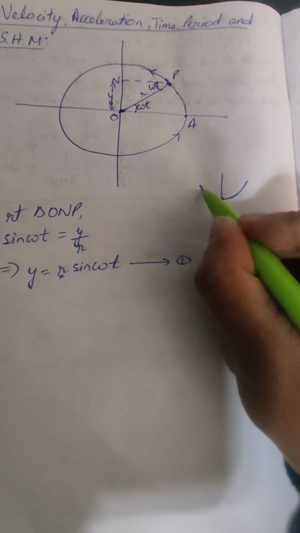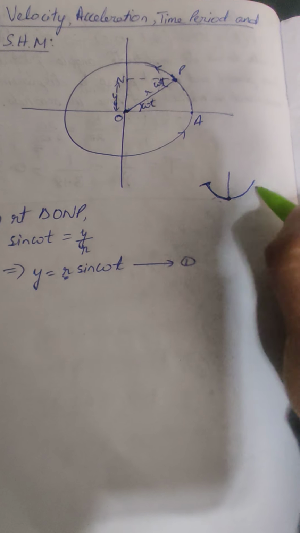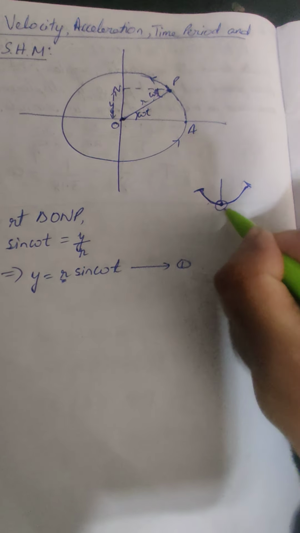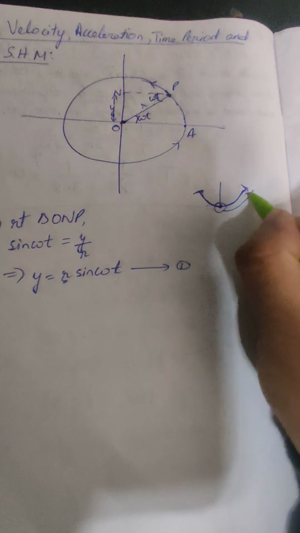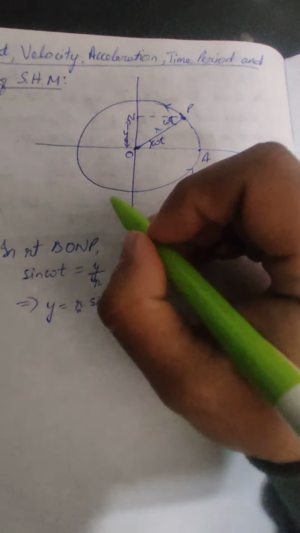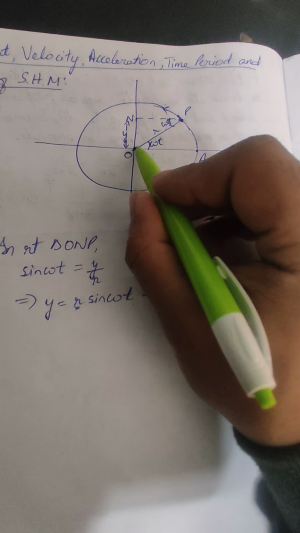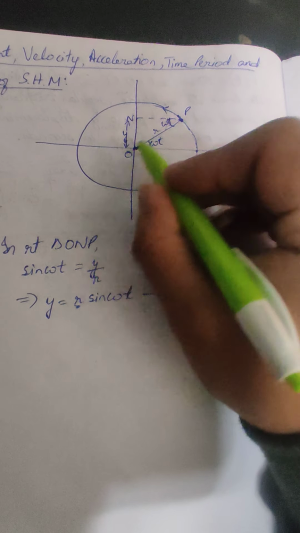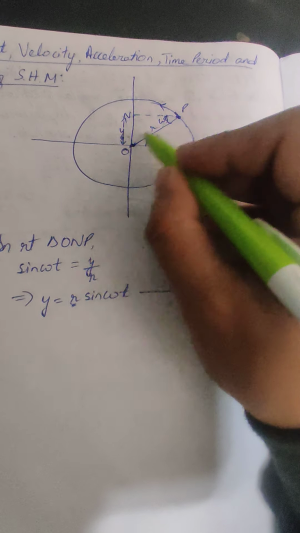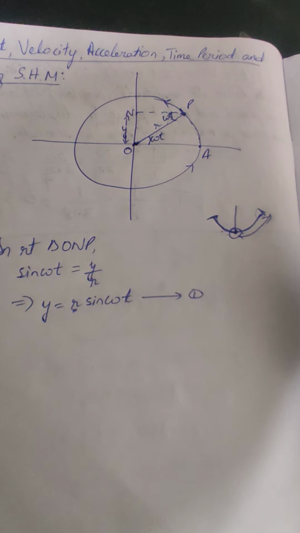If the pendulum can reach up to this point and up to this point, then this is the mean position, and the maximum distance from the mean position is the amplitude. In circular motion also, taking it from the center, the radius r is the maximum distance it can travel. So this r is called the amplitude.